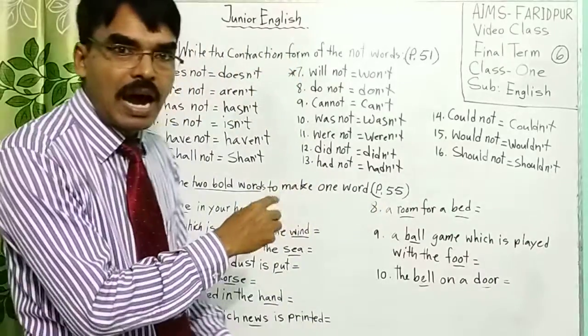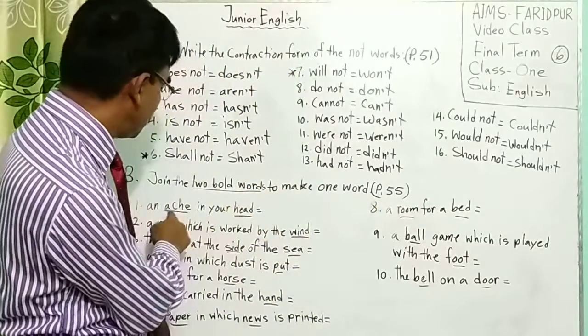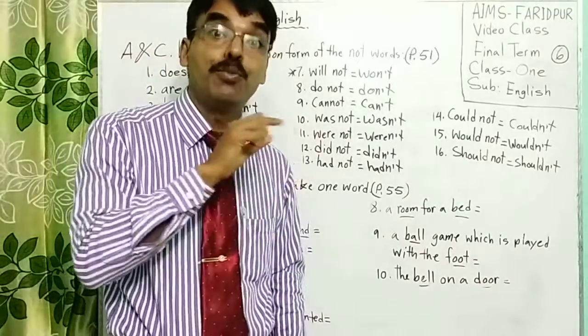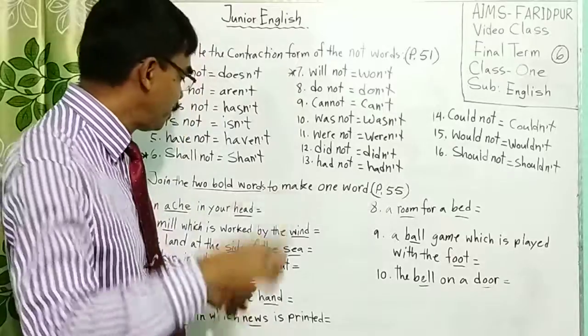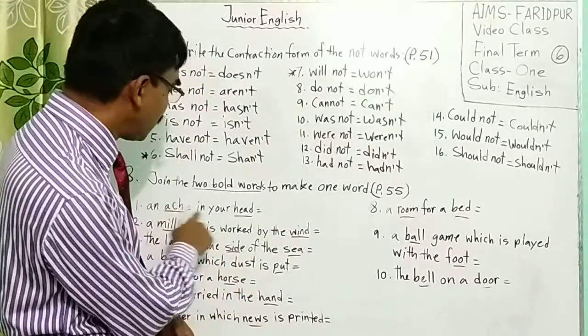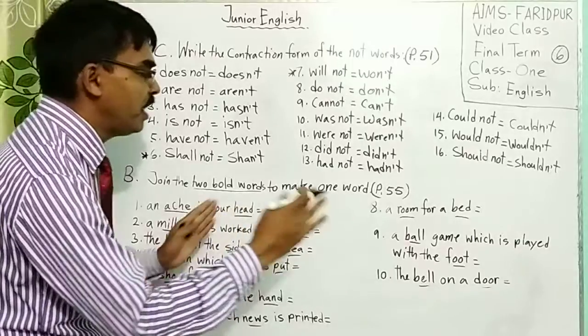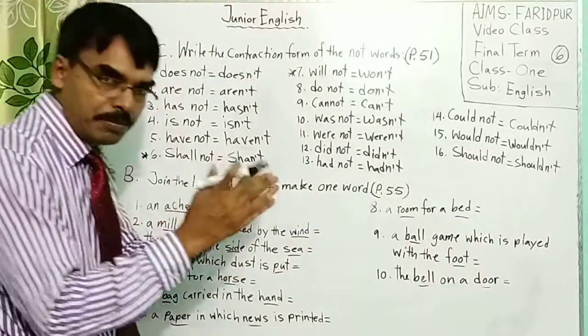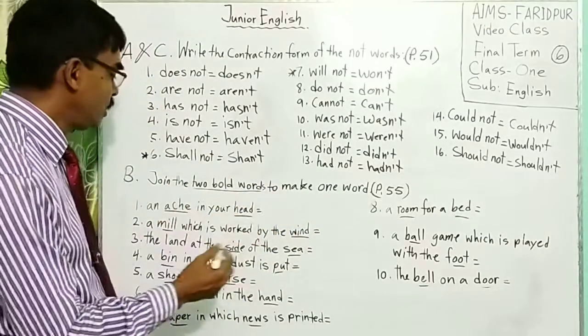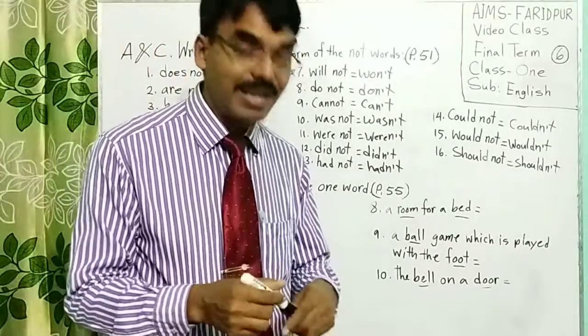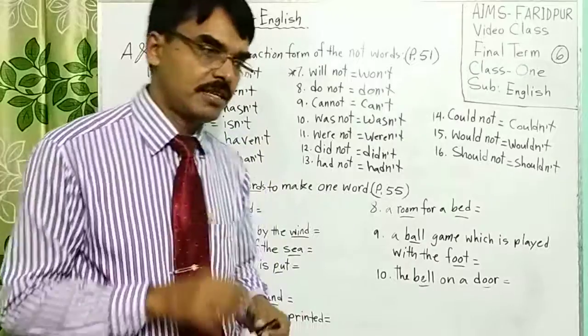Here I underlined them, but during the exam I will make them bold. So don't worry, but now we will learn with underlines. So these two underlined words you make into one word, put together. So here the clue is, the last word you write first.